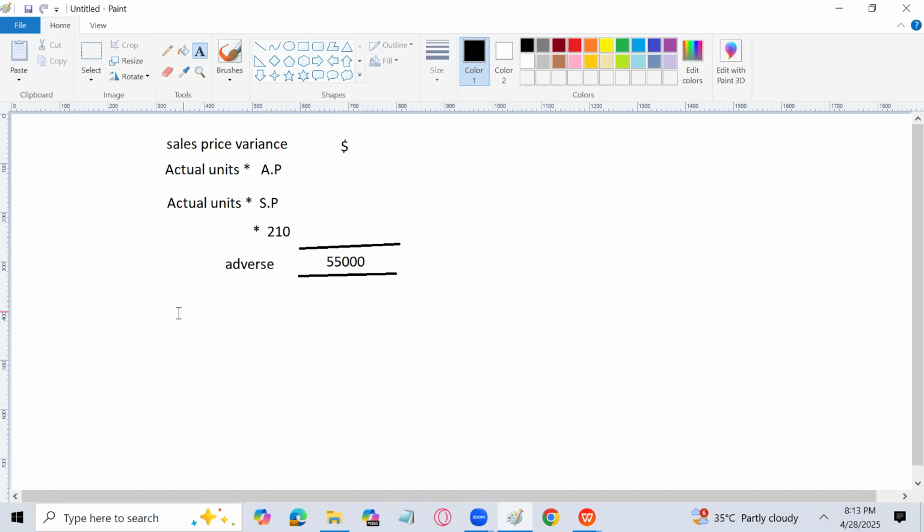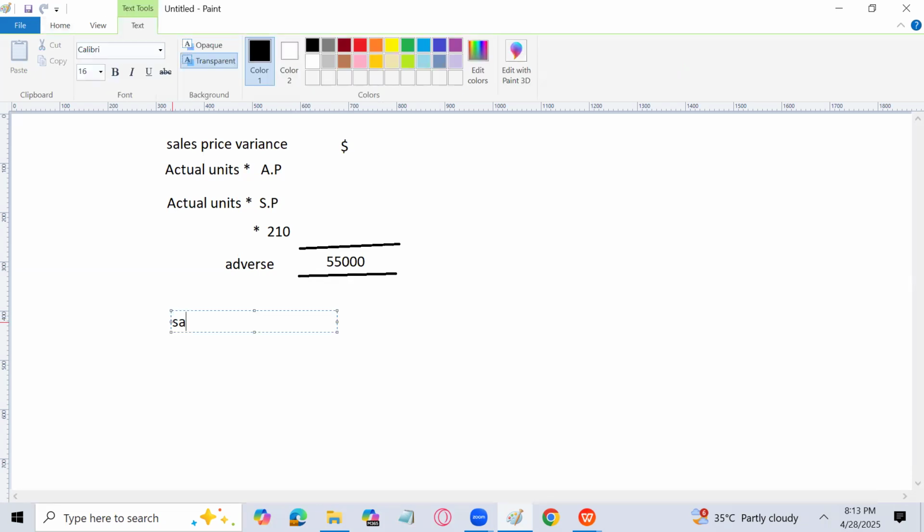Let's talk about sales volume variance. Sales volume variance is the difference between, the first part will remain the same, actual units into standard price, and then budgeted units or standard units into standard price.